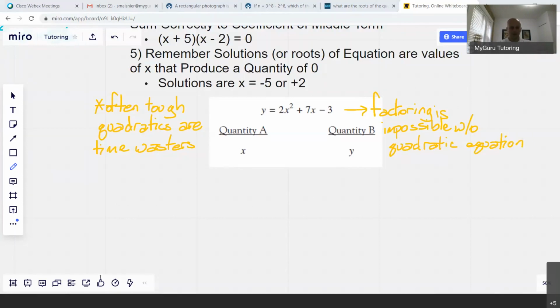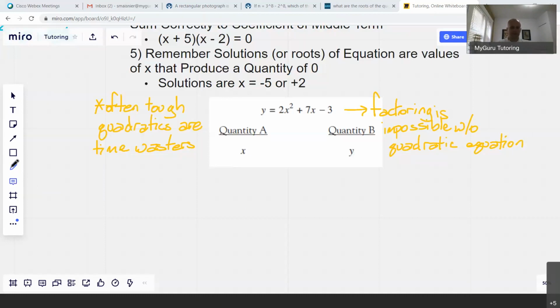What would be an easy value? Well, let me ask this first. Which of the two variables in the problem should we plug in for? Yeah, I'm going to plug in for the x first.